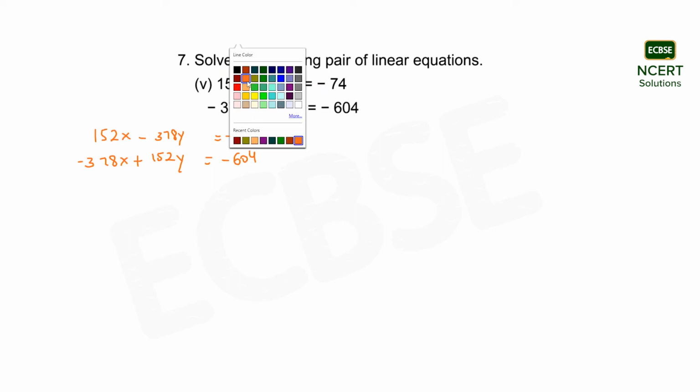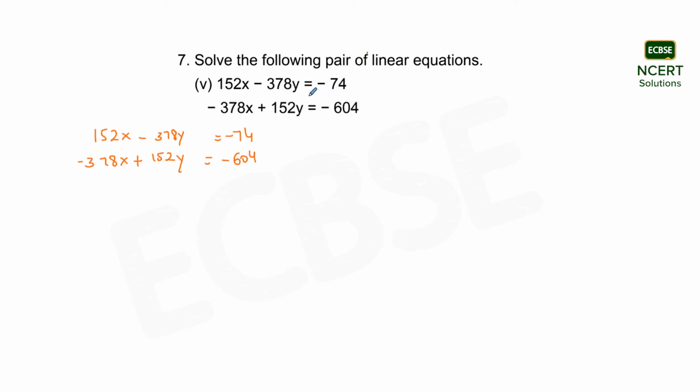And as we have done in the earlier questions, we were using the elimination method to solve the pair of linear equations. The elimination method says that we need to ensure that the numerical value of the coefficient of any of the variables, either x or y, is the same in both the equations.